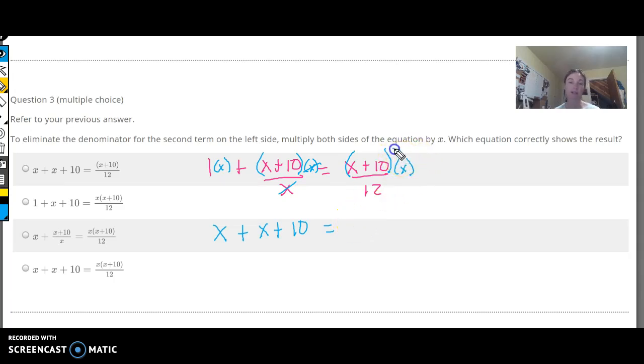And I could distribute that through, but it looks like in the answers that they've provided here, they didn't. They left it very simply as x times x plus 10, all still over 12. So we're just going to leave it in that same format.